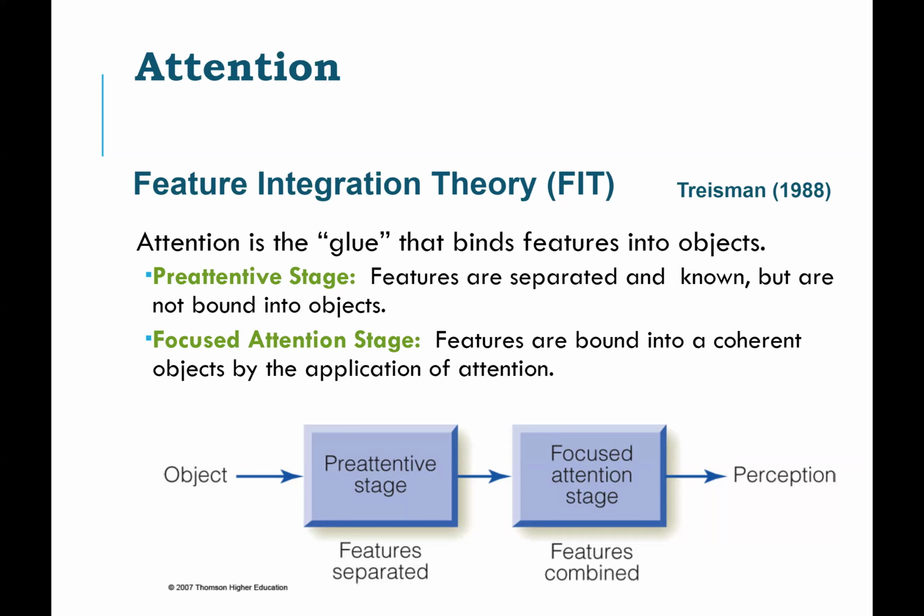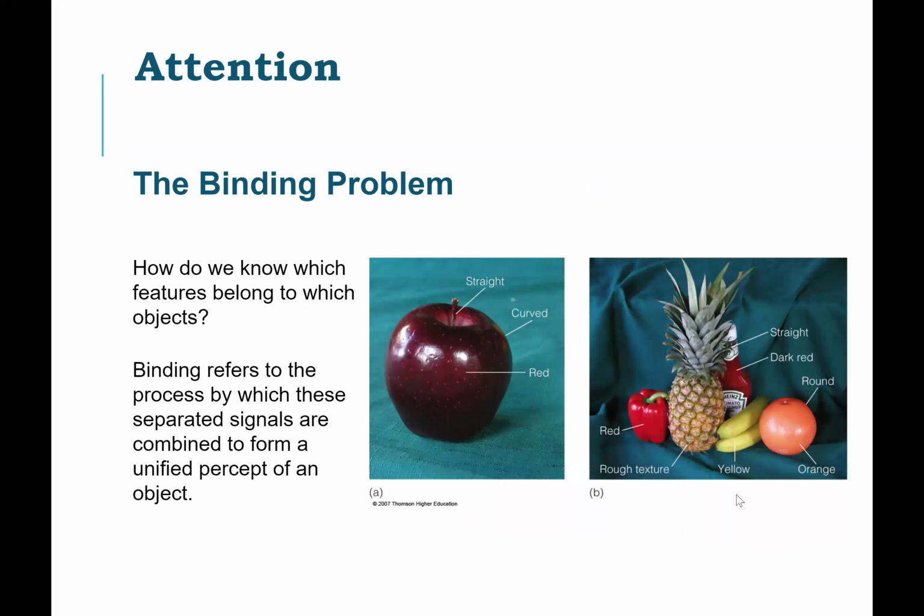And the binding problem is what? That the features of different objects could be mistaken, that this is a feature of that object or of this object. As you could imagine, if you're looking here and I tell you there is a pepper in the periphery, what color is it?